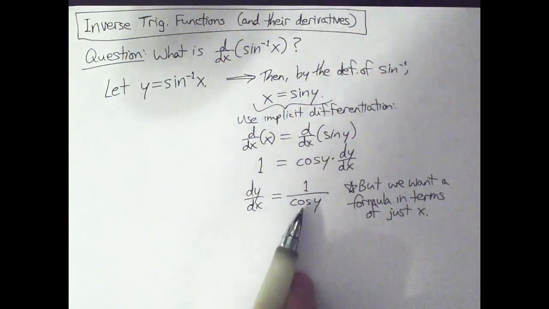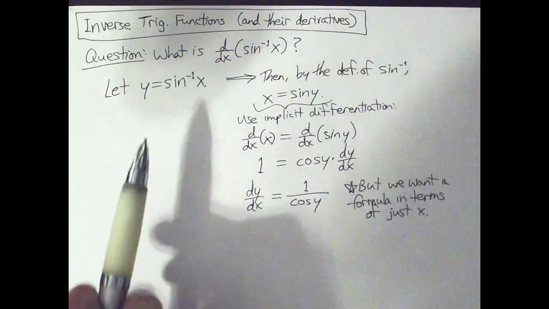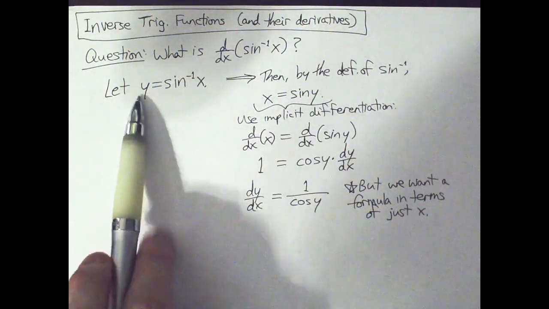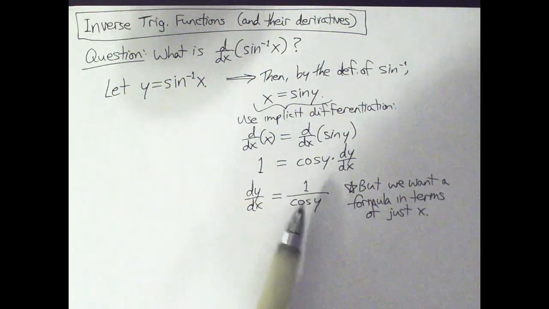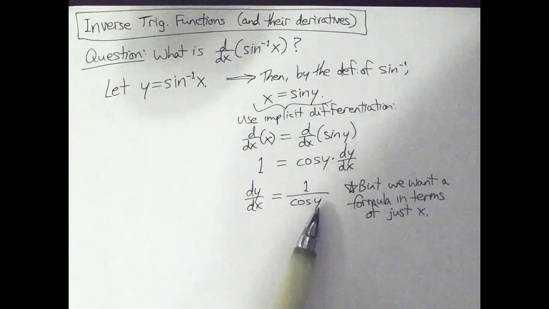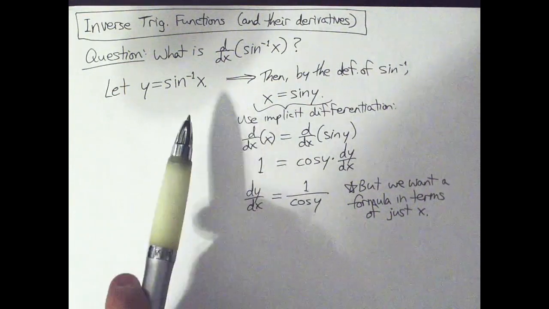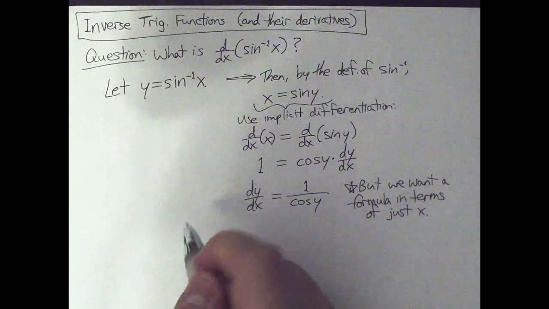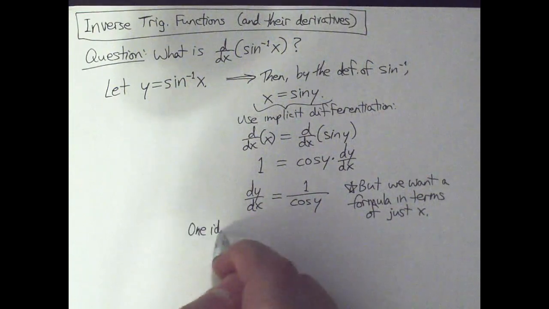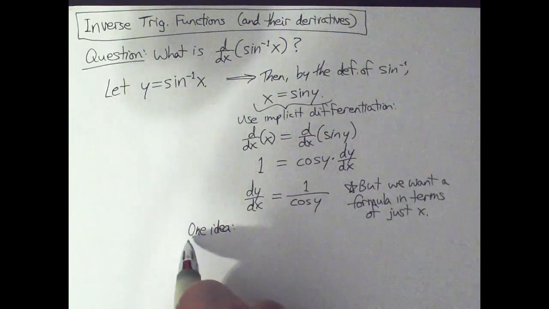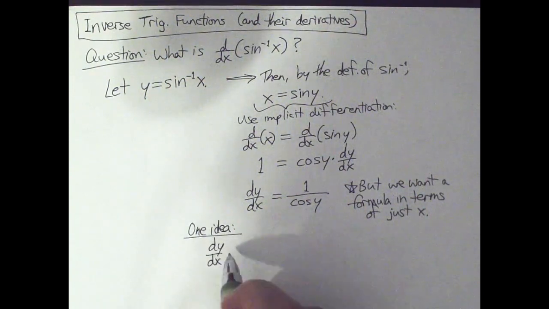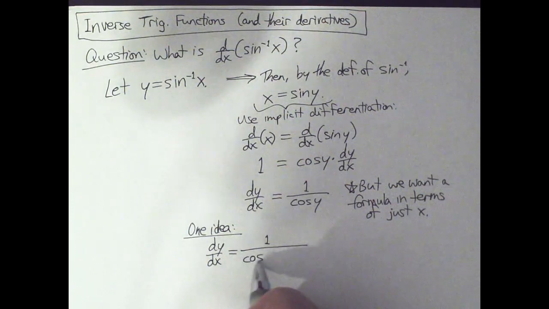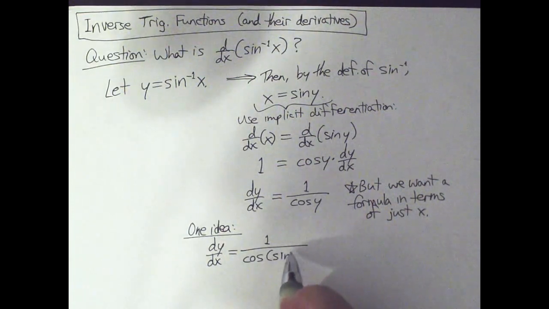Now, what can we do though? Do we have anything we could work with? I see one thing. I see this. y is inverse sine of x. So maybe we could take this formula and instead of writing y, we could put this here. This is one idea. This is actually not the best that we can do, but let's at least acknowledge that this would get it in terms of just x.